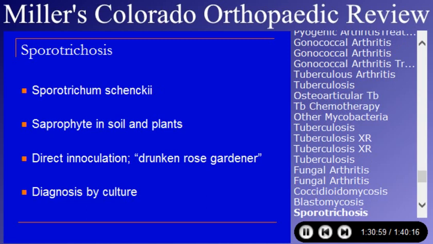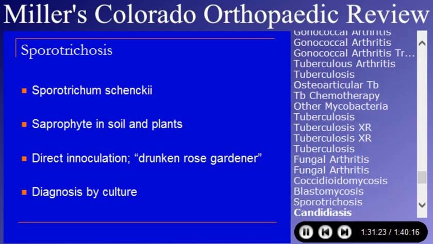I have a funny practice in that I see a lot of lumps, but I see a lot of upper extremity lumps, and among the things that you think about are lymphadenopathy from cat scratch disease or sporotrichosis, commonly called drunken rose gardener disease, and seen in people who work agriculturally or do a lot of gardening.